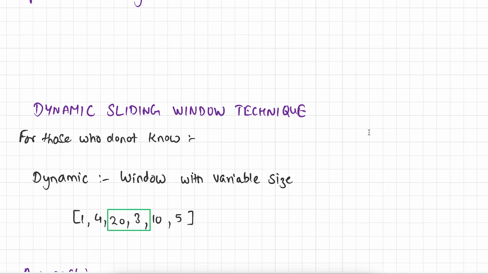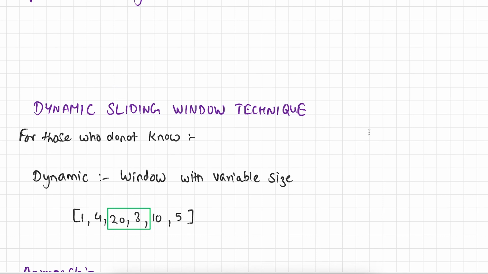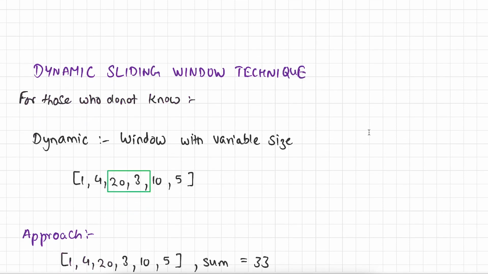So we know the meaning of sliding window technique, but what is meant by dynamic here? Dynamic refers to the dynamic size of the window. In the previous video the window size was fixed, but in this technique the window size is variable. This means either we can extend the window or we can shrink the window.